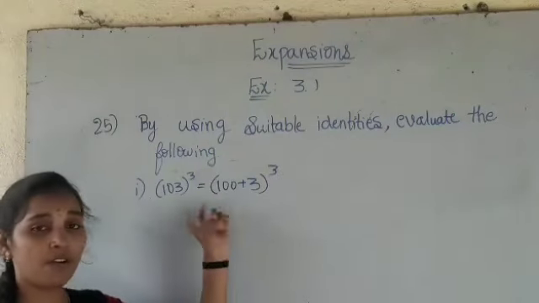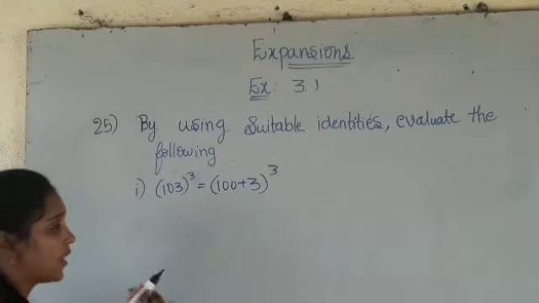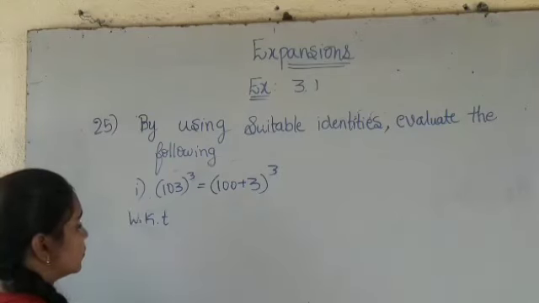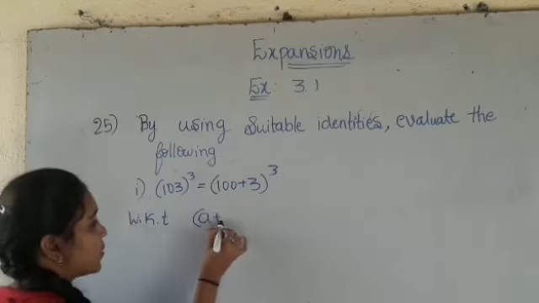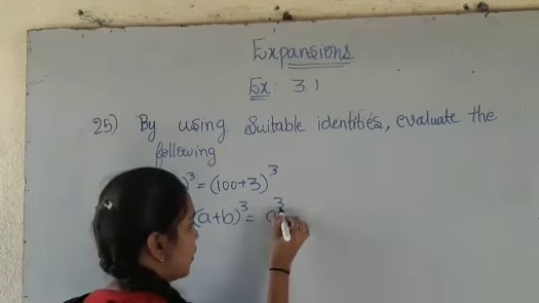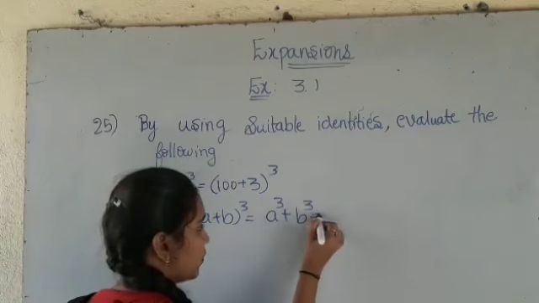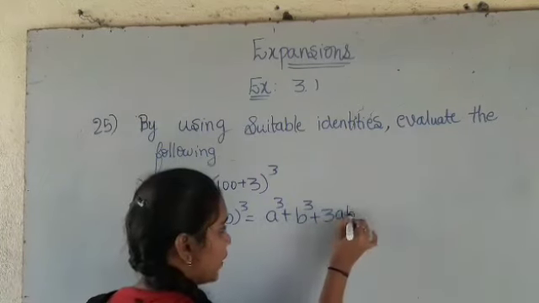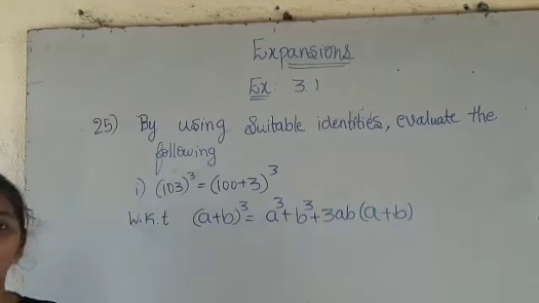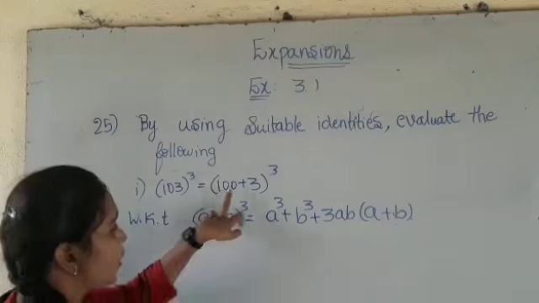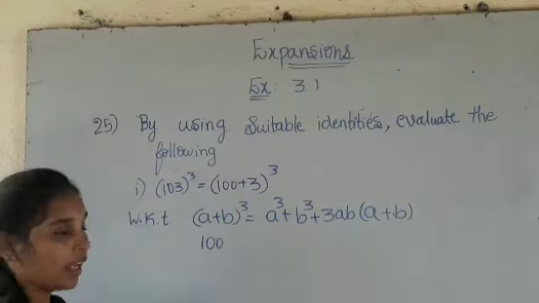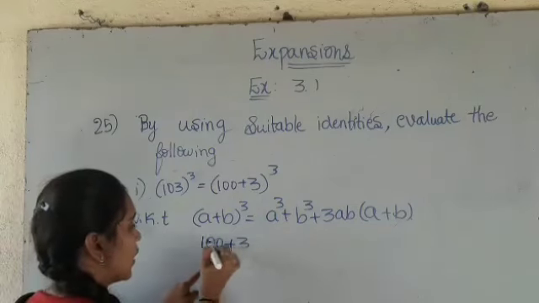Now it is in the form of a plus b whole cube. What is a plus b whole cube? First we have to write that. We know that a plus b whole cube is equal to a cube plus b cube plus 3ab into a plus b. By this identity, what is the value of a then? 100, and b is 3.